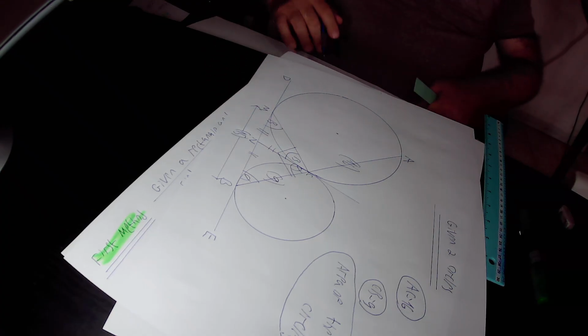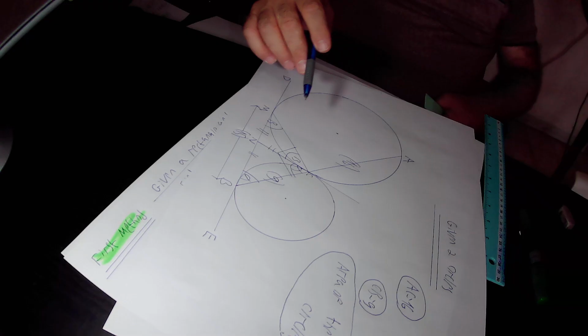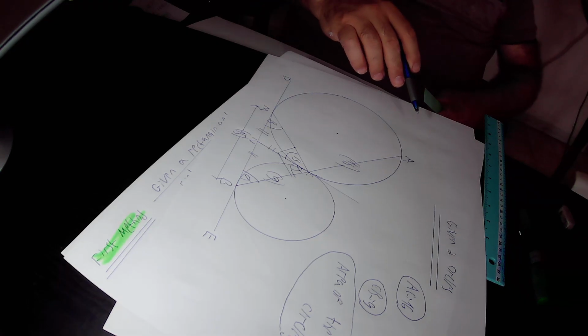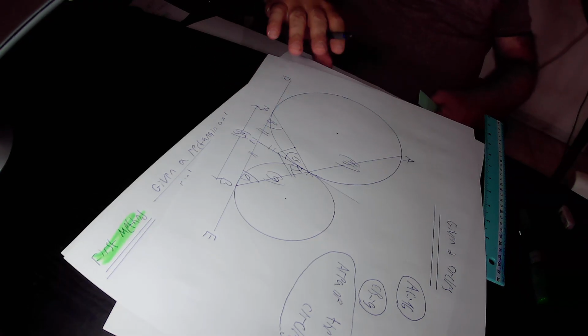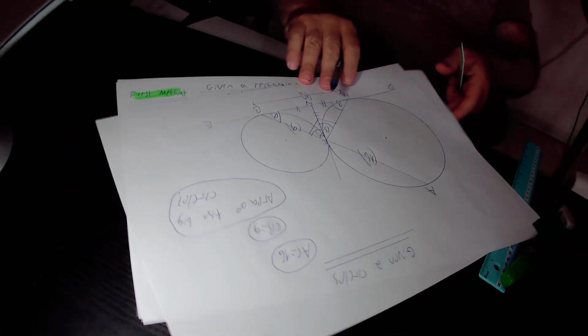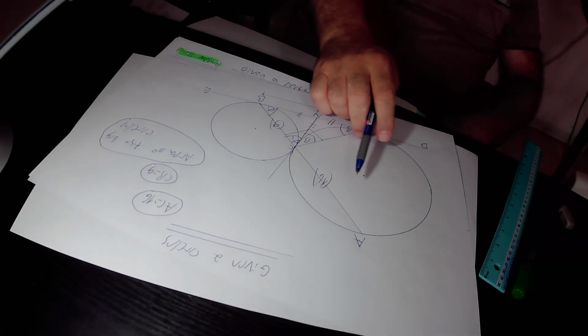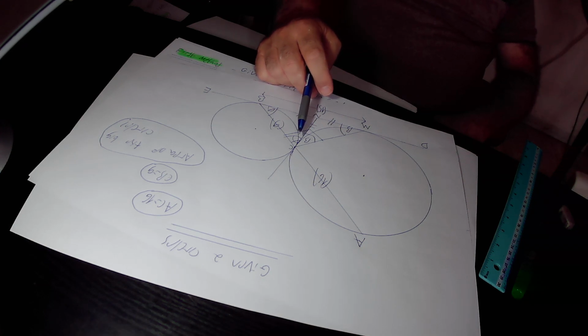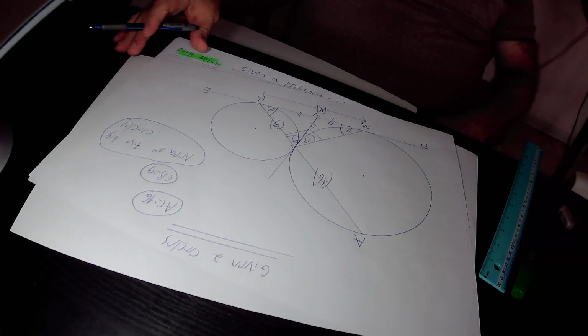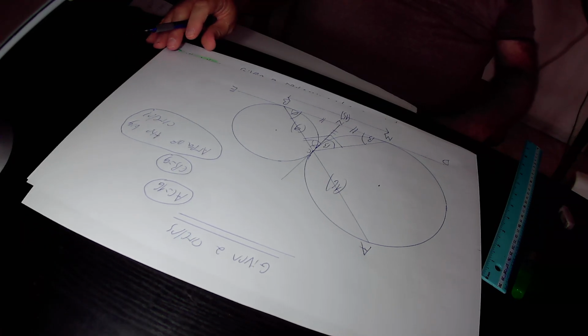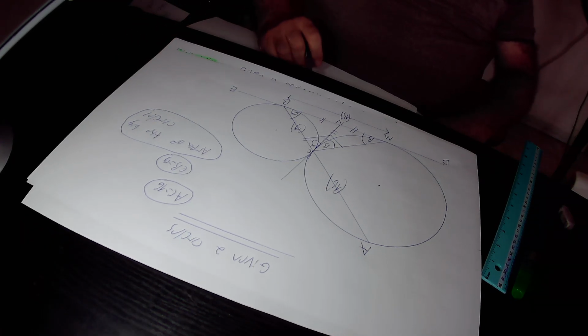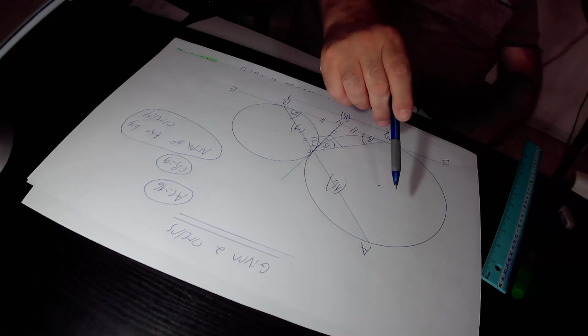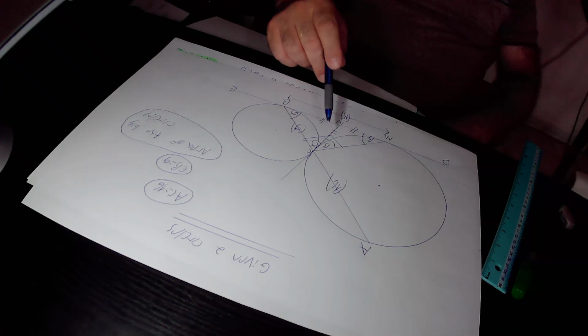We know that AB is a straight line. According to what is given in the question, AB is a straight line. So if we focus on the left side of the straight line AB at point C, the sum of the angles must be equal to 180 degrees according to rule 3, which states that the sum of the angles on one side of a straight line is equal to 180 degrees. So which angles do we have at the left side of AB at point C?